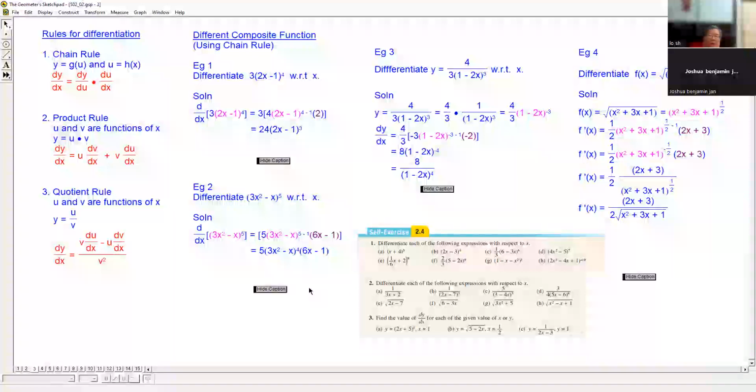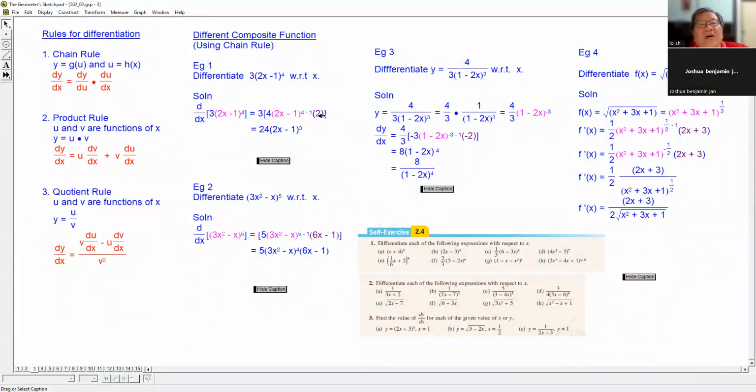No? Okay, then we look at the third example. The purple color is the function that we are going to differentiate. The brown color comes from differentiating inside the bracket.